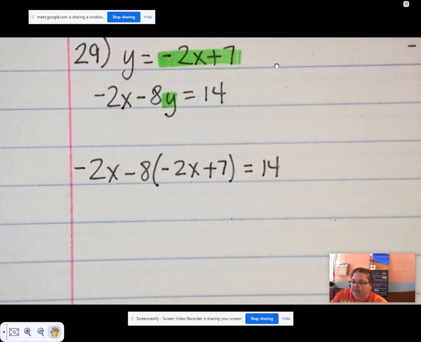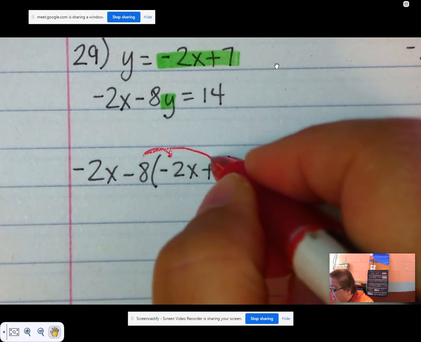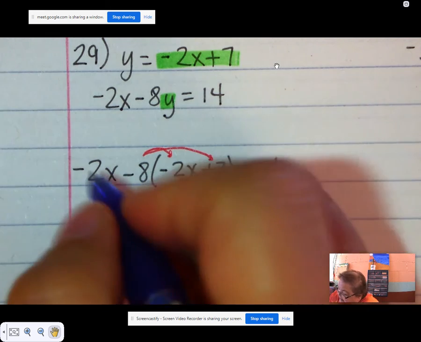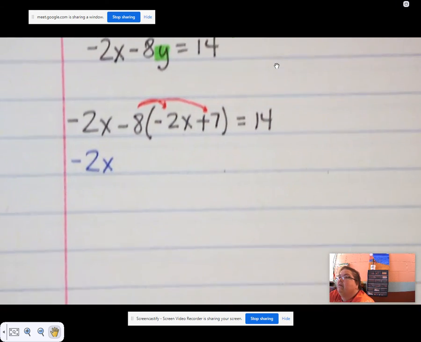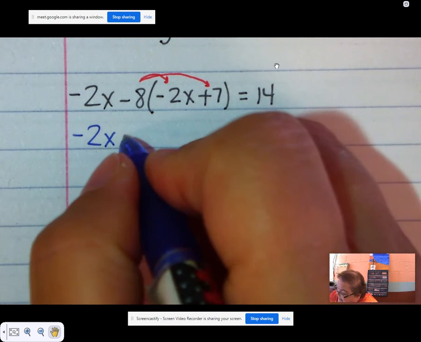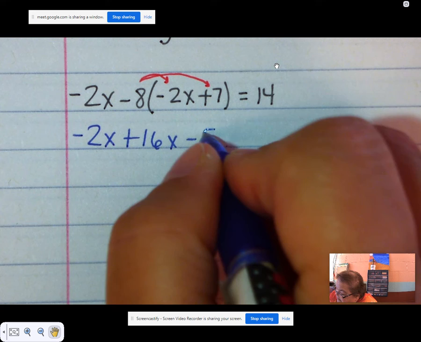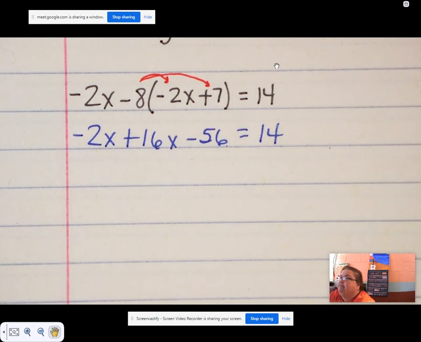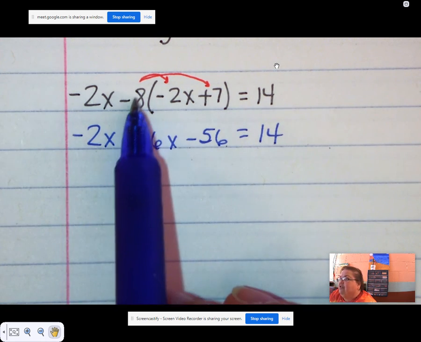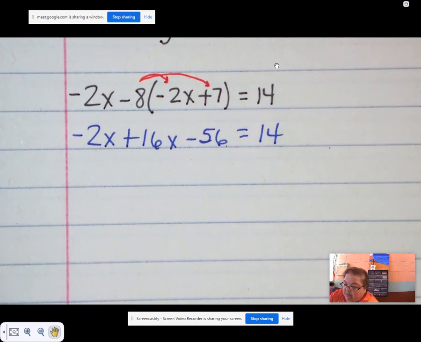Okay, now I'm going to need to distribute this negative 8. Don't forget it's a negative. And I get negative 2x plus 16x minus 56 equals 14. All I did was distribute that 8, and now I've got this. My next step is to do what?